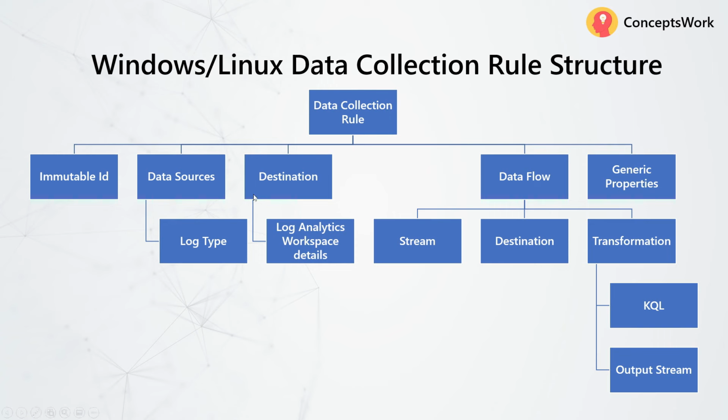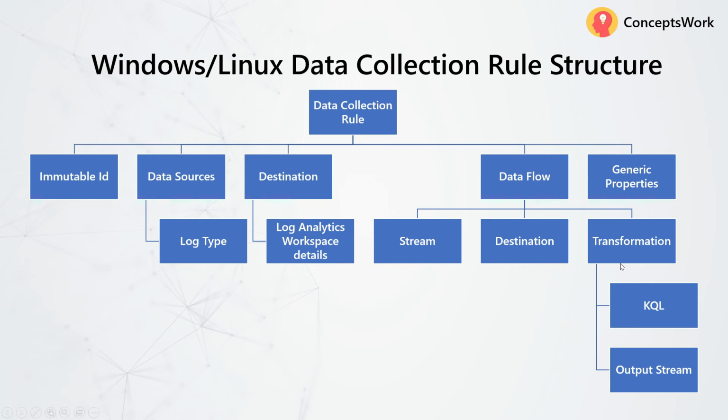Fundamentally, every data collection rule, let's say for Windows or Linux, will have an immutable ID, then data sources, which are the type of data getting collected, then destinations, which are the log analytics workspace details. Then in the data flow, this destination will be mapped, and the stream will have the table name where exactly the data is getting ingested.